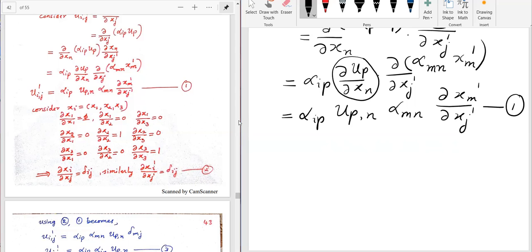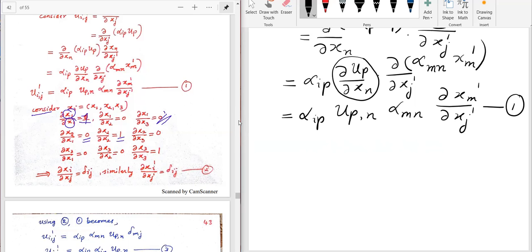Now coming to xi. Let us consider xi. Xi is nothing but what? Having three numbers, x1, x2, x3. Now what is dou x1 with respect to dou x1? Differentiation of x1 with respect to x1 is nothing but 1. Dou x1 by dou x2 is 0. Dou x1 by dou x3 is 0. Dou x2 by dou x1 is 0. Dou x2 with respect to dou x2 is 1.